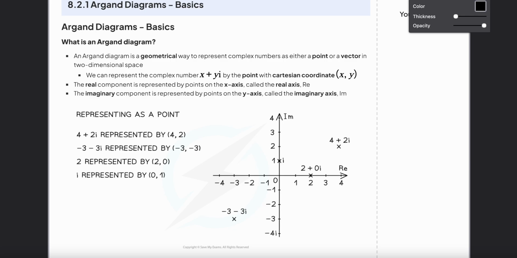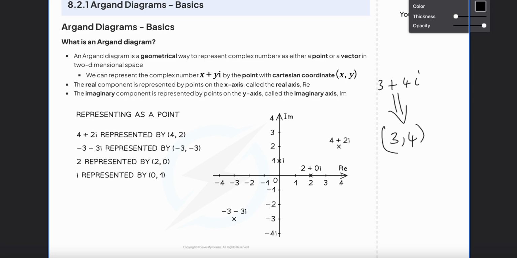So if I have 3 plus 4i, the 3 is the real part, the 4 is the imaginary part of the complex number, and this gives me the coordinates (3, 4). Now these are Cartesian coordinates, right?